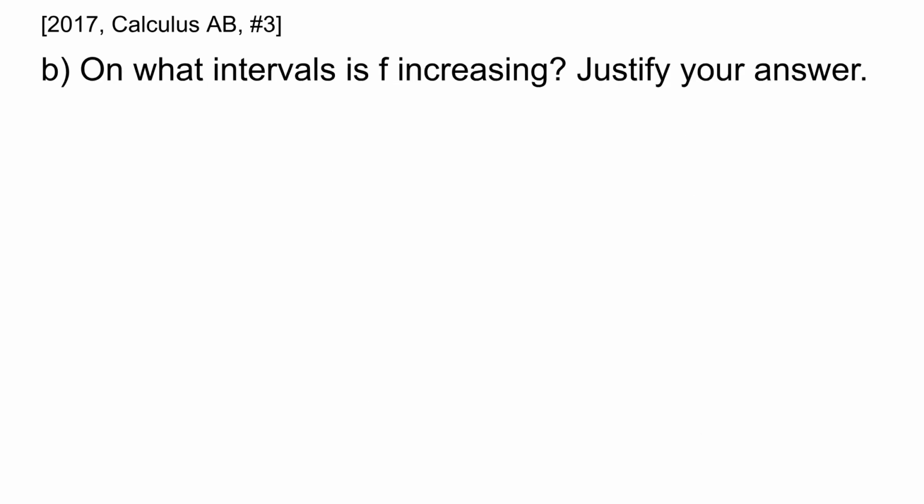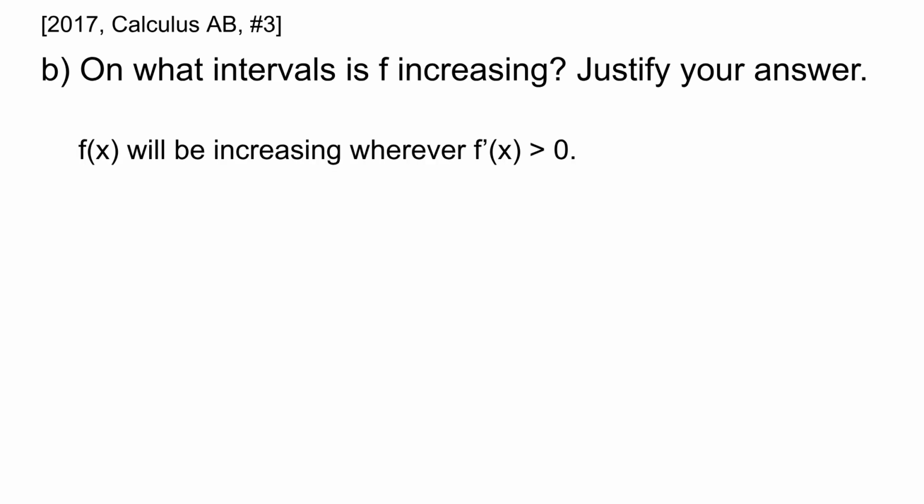In part B of the question, we are asked to determine the intervals where f is increasing and to justify our answer. We know that f of x will be increasing whenever f prime of x is positive, so we will use the graph to determine those intervals.